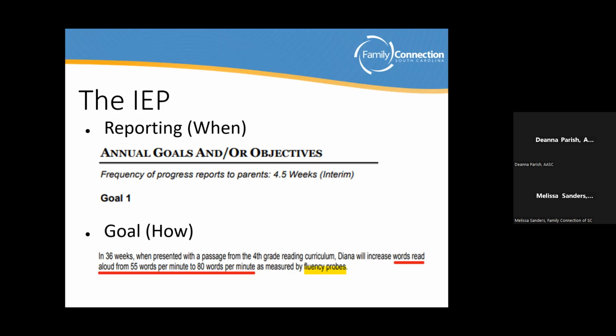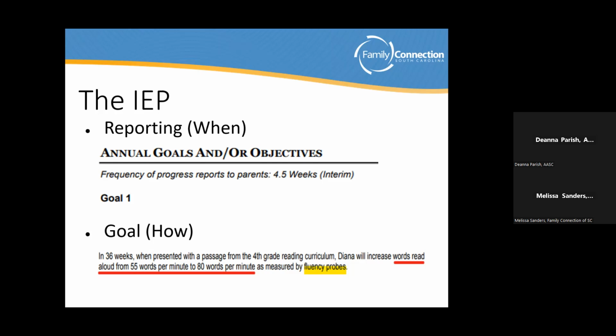So progress monitoring would help an IEP team determine that this was an appropriate goal by giving that baseline information of where the student was, the 55 words per minute, to help draft this goal as a potential goal that would be challenging for the student. So this is where they're starting. And it is projected here that over 36 weeks, the student would be up to reading 80 words per minute on that fourth grade level passage.